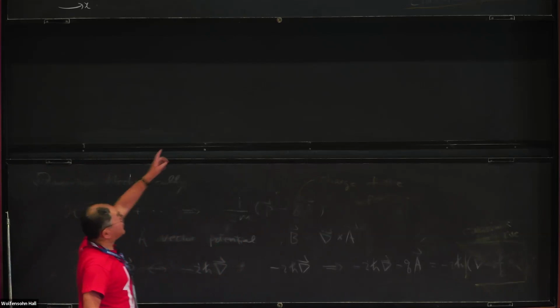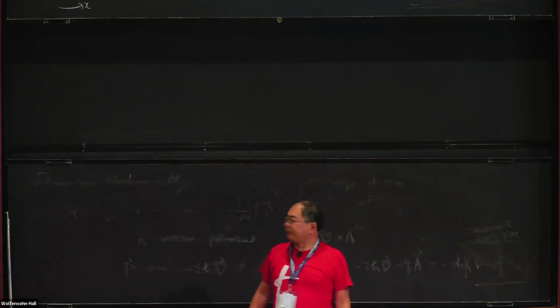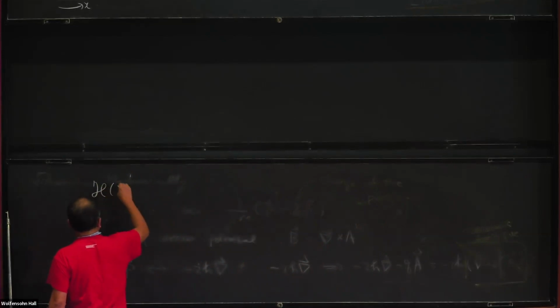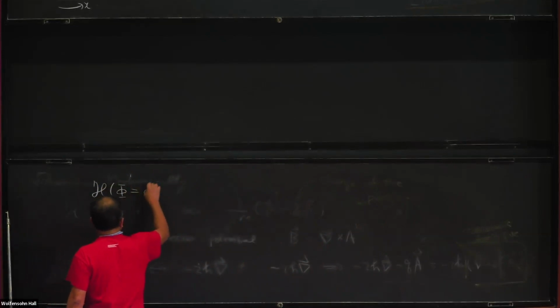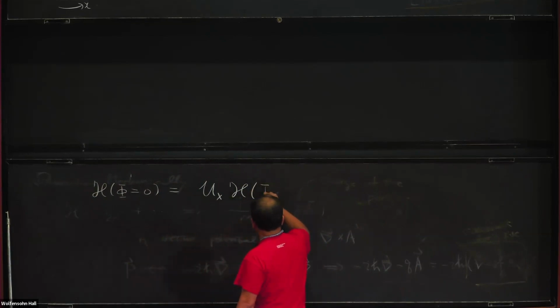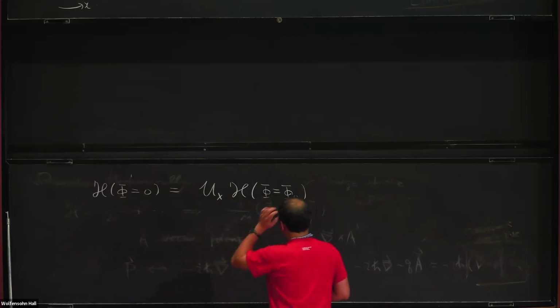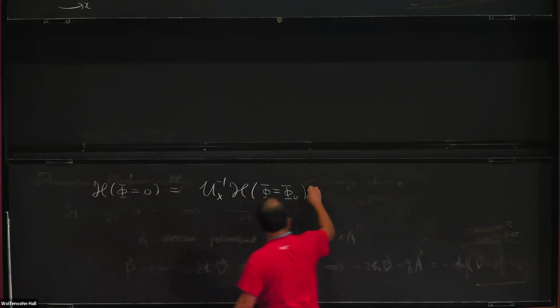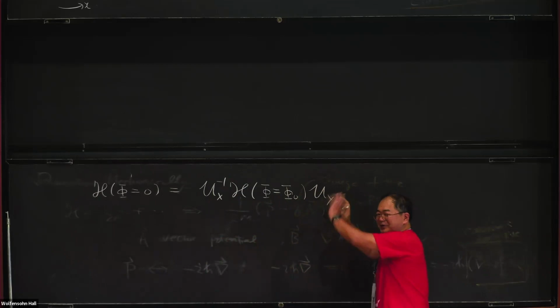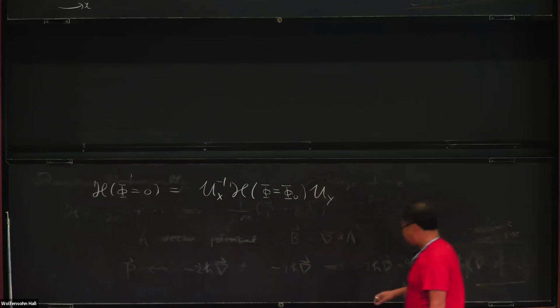Okay, so now that we have a large gauge transformation operator, we can relate the Hamiltonian at zero flux with the Hamiltonian at unit flux quantum. Maybe I'm wrong with the sign, but it doesn't matter much.